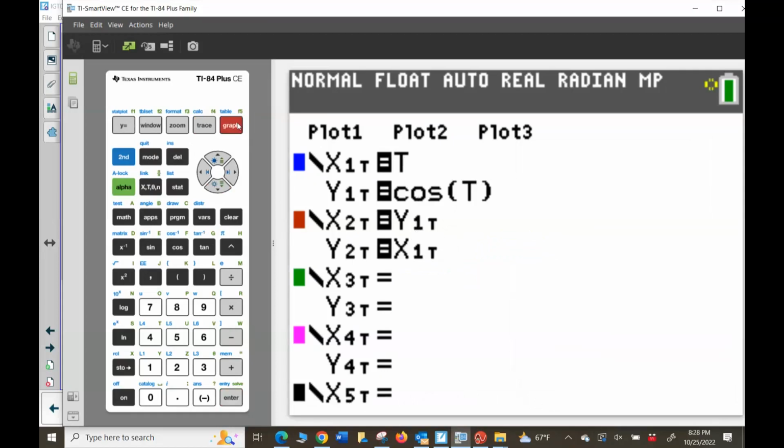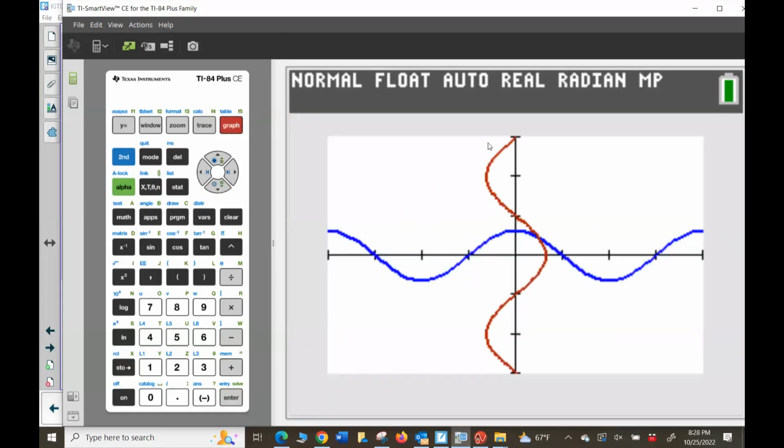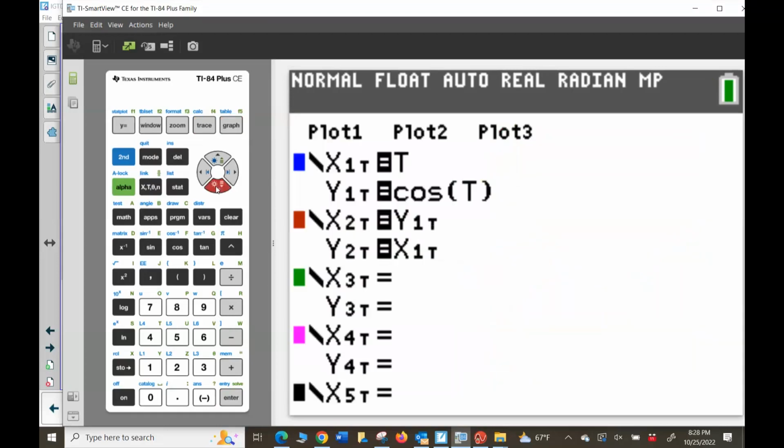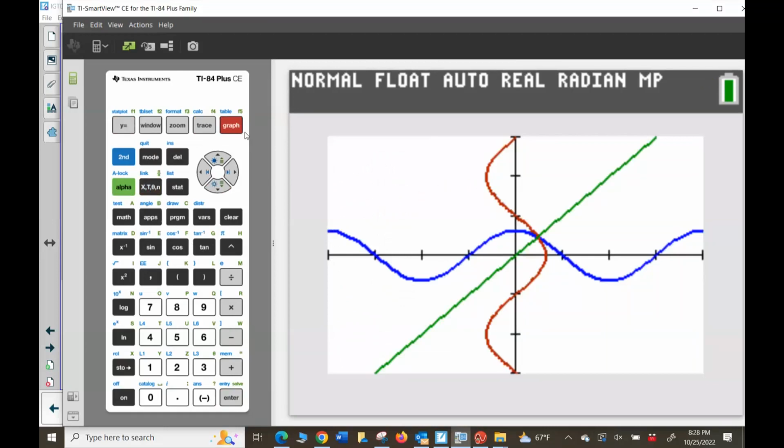And so now when I graph this, here's my cosine going the other direction. I can also get the line y equals x by doing the t and t, like dynamite, t and t. See that beautiful symmetry about that. I could do the ordered pairs, I could do the tables, do all those different things.